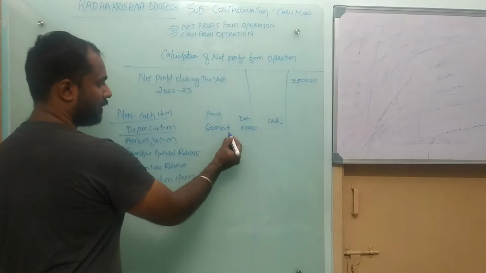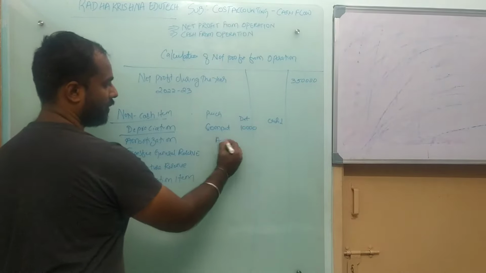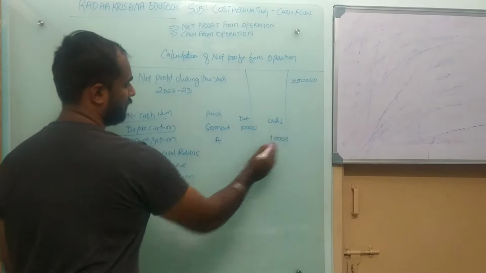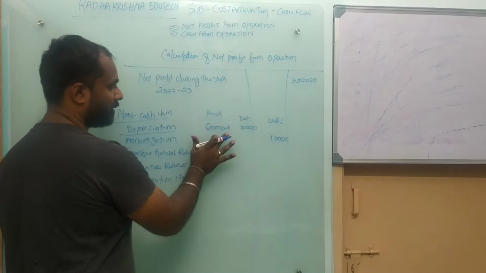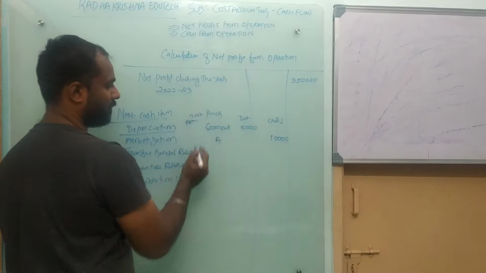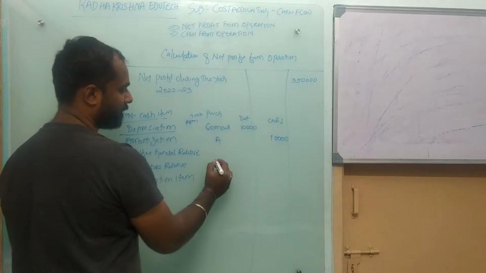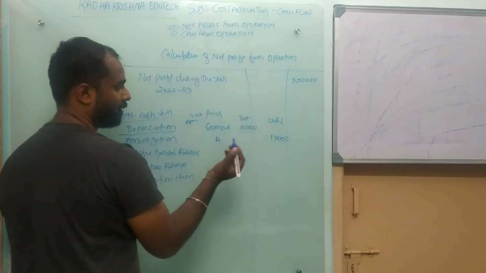Then you would have paid the supplier 10,000. Now suppose you purchased it on April 1st 2022. For the entire year, 10% depreciation means 10,000 into 10% is 1,000 rupees, right?